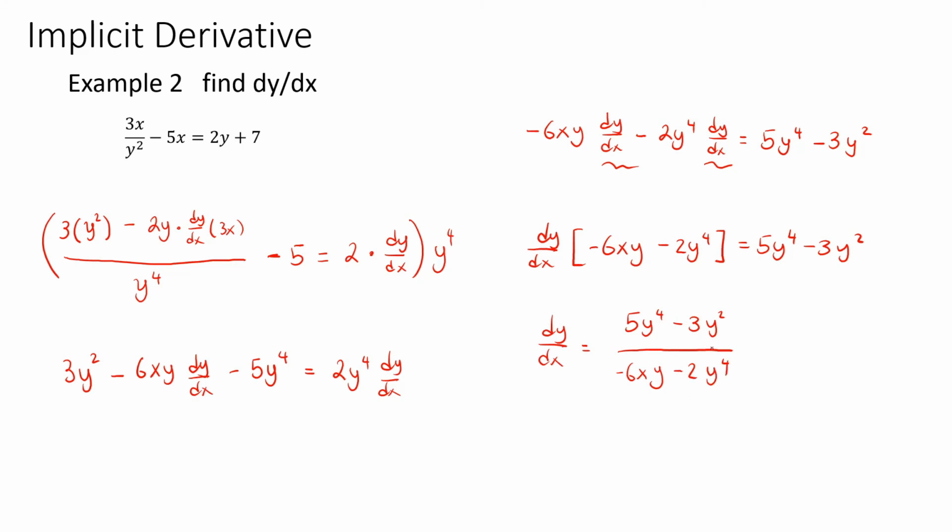In this case, I see that y is in every term, so I'm going to factor out y and divide it out. So your final answer should be 5y to the 3rd minus 3y all over negative 6x minus 2 times y to the 3rd.